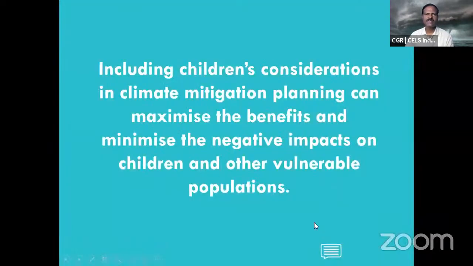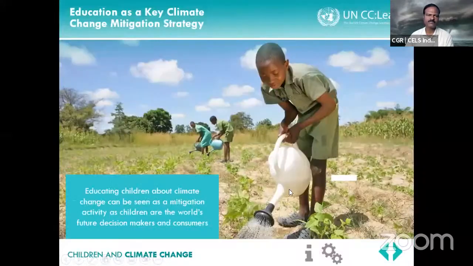Including children's considerations in climate mitigation planning can maximize the benefits and minimize the negative impacts on children and other vulnerable populations. It is not about a few rich people for whom we are working, but we are working for everyone. So looking at children's considerations is very critical.